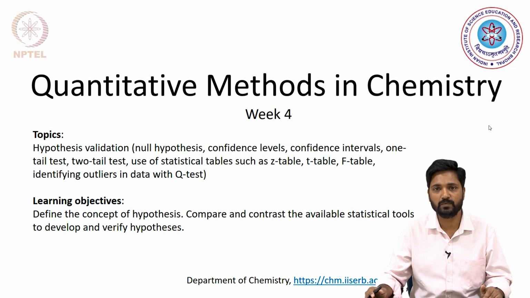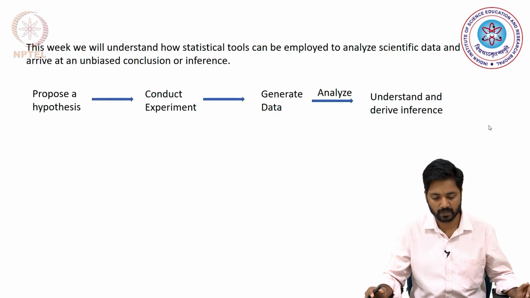So, the objectives for this week's course are to define the concept of hypothesis and compare and contrast the available statistical tools to develop and verify various hypotheses. So, let us begin this week's classes.